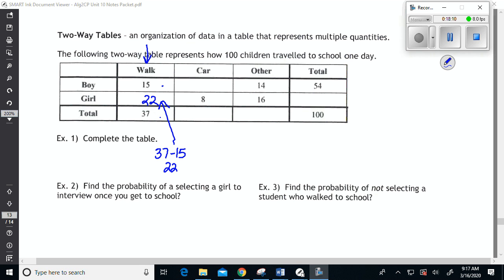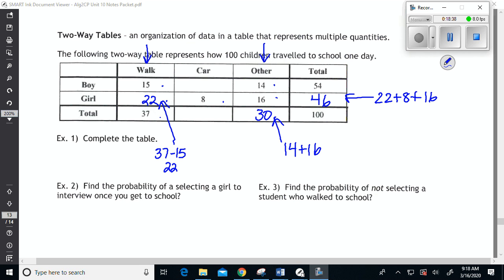Since the number of girls who walk is 22, 22 plus 8 plus 16 gives you that number. 22 plus 8 plus 16 leaves you with 46. If you look at the other category, 14 and 16, to get their total, you're simply adding those up. 14 plus 16 is 30.